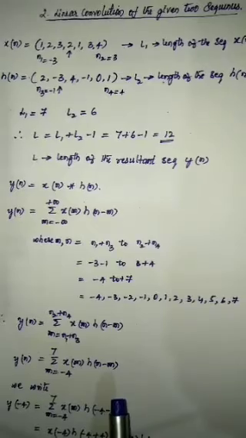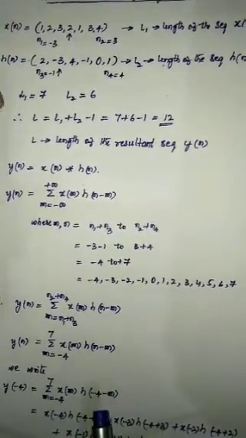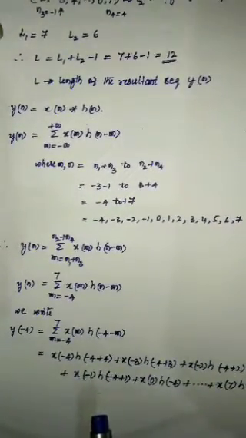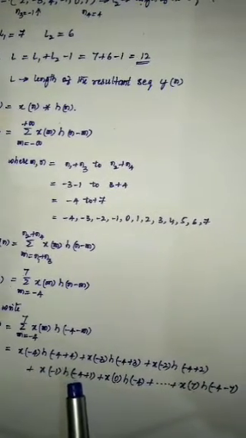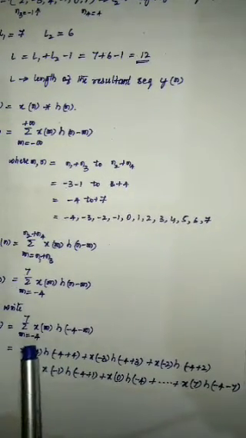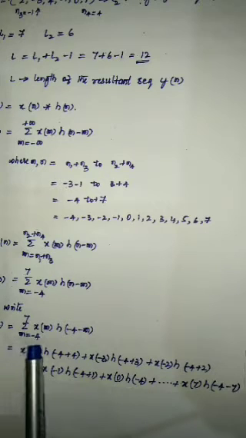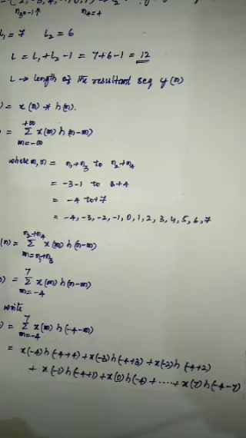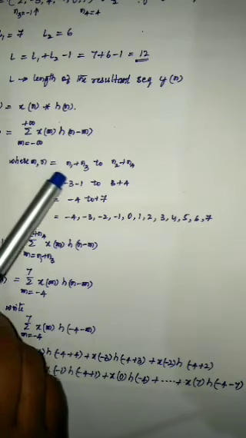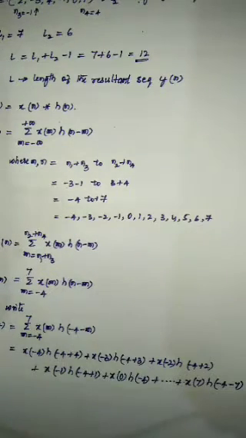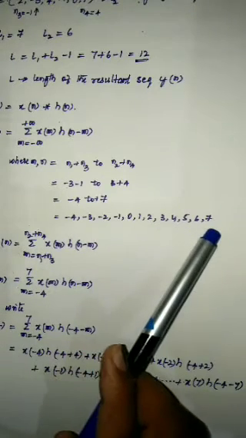Now upon simplifying this particular formula, we will get the simplified version like this, that is x of m, where the first value of m should be replaced by -4. Here we are supposed to compute both m as well as n, varying from minus 4 to plus 7. Therefore, y of n, this n is also varying from minus 4 to plus 7.